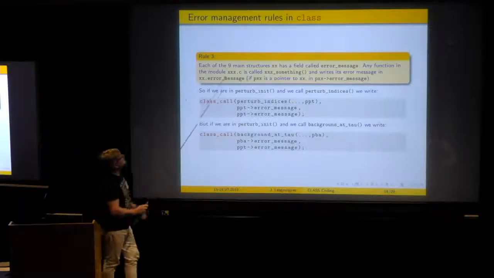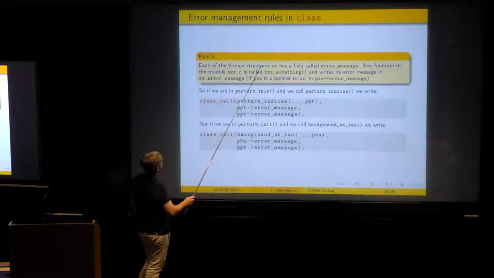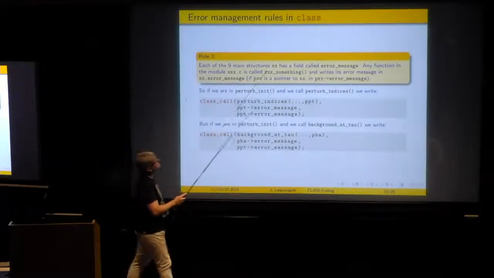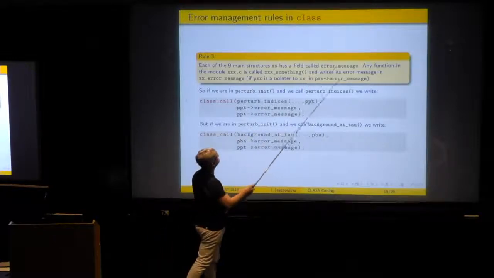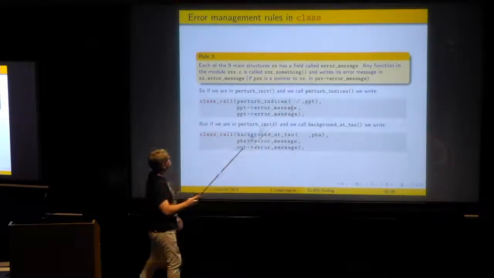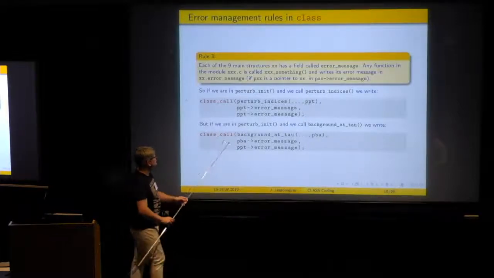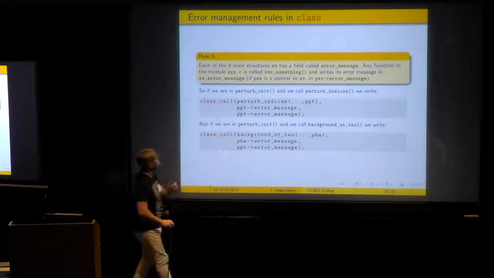We say that there are 9 main structures, 9 and not 10, because I have not included the precision structure. In each of these 9 structures, there is always a field called error message, which is a string. So there is a PPT error message for the perturbation structure, or a PBA error message for the background structure.